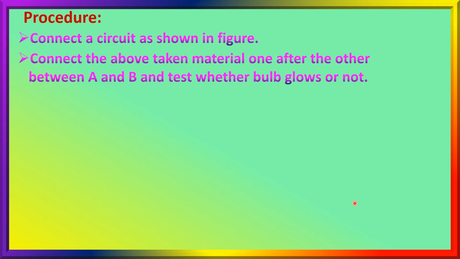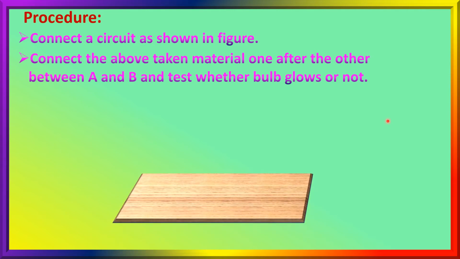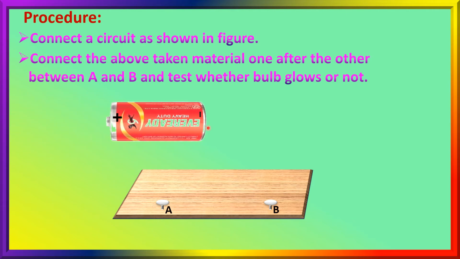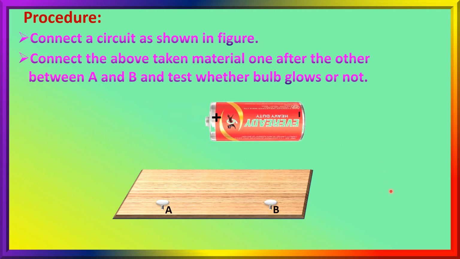See here, first I am going to make a circuit. This is the wooden plank. Here, two drawing pins I am going to fix at points A and B. Okay, and here is the battery or dry cell.